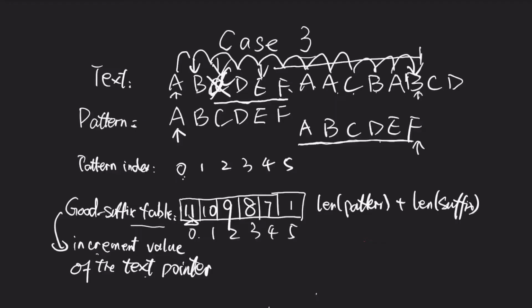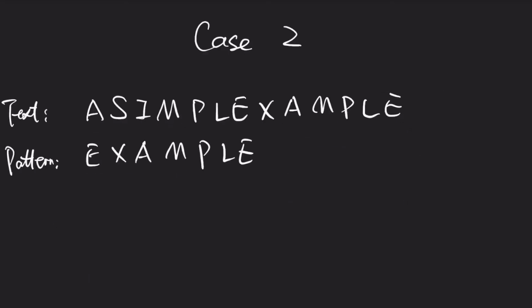It's pretty easy to write the code for case 3, so I won't look at the code here. And it turns out that case 3 is a special case of case 2. So let's look at case 2. Here is an example for case 2.